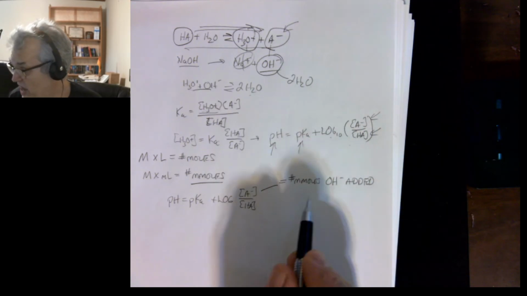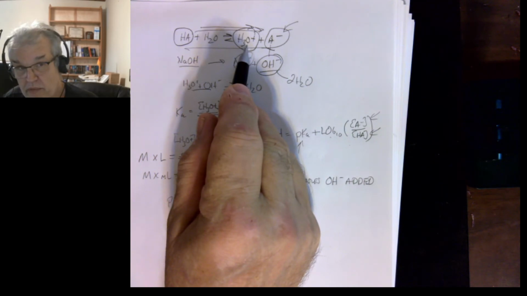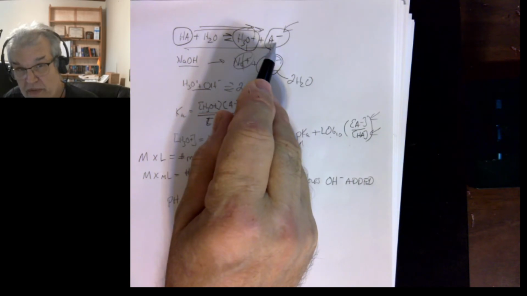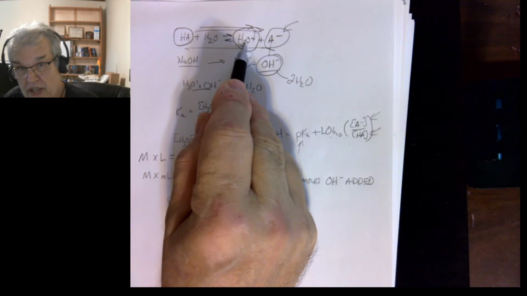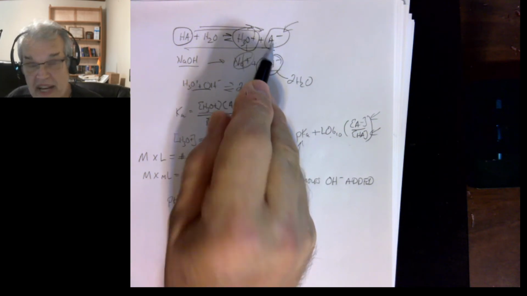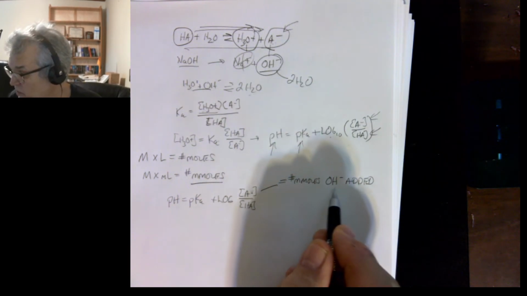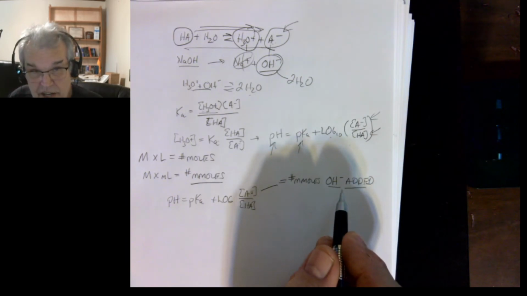Why? Because for every millimole of OH added, a millimole of hydroniums are removed, and therefore it must shift to create a millimole of hydroniums back on the equation, and that creates a millimole of A minus. So my A minus concentration up here is equal to the amount of hydroxides added.